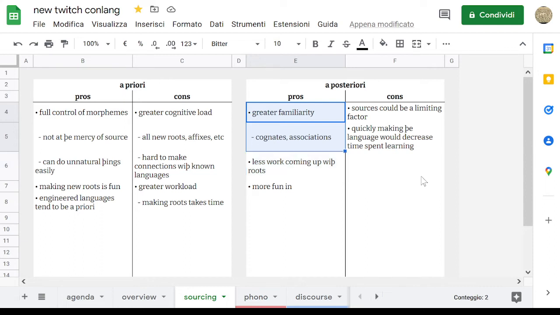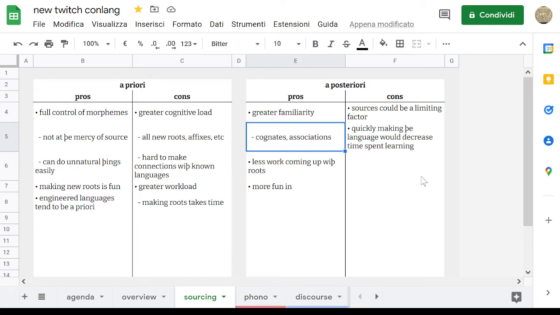If I'm picking a language I'm familiar with to base the language on, or languages I'm familiar with, then I am familiar with the roots and familiar with the language, and so it makes it easy to remember and learn because I can make associations with the languages I know. There might be cognates.